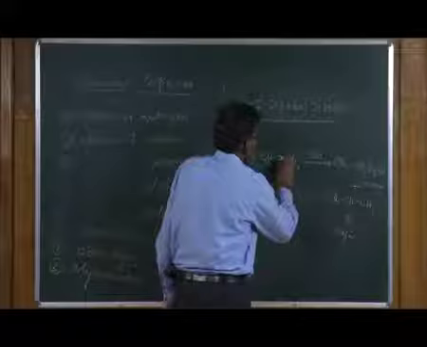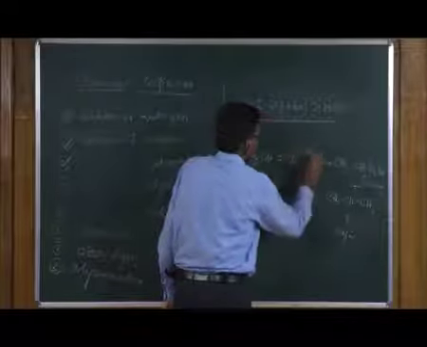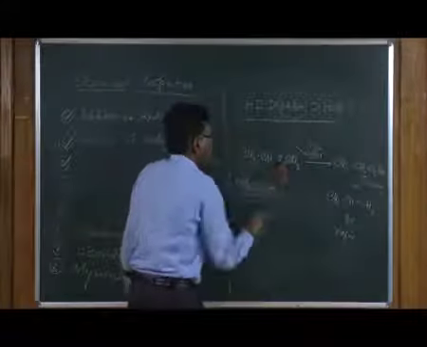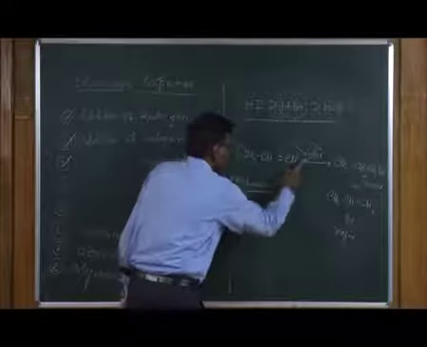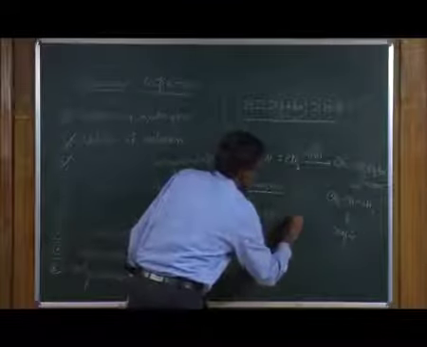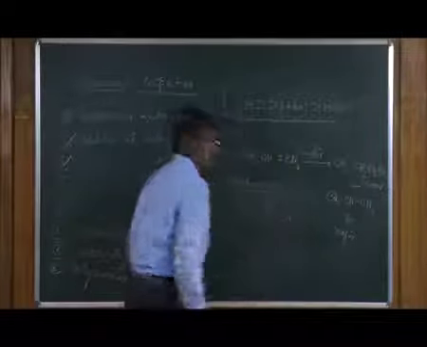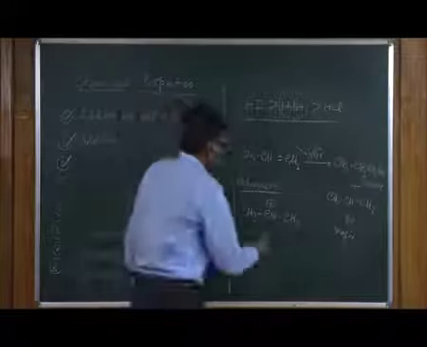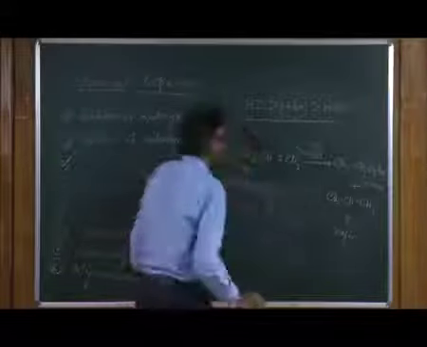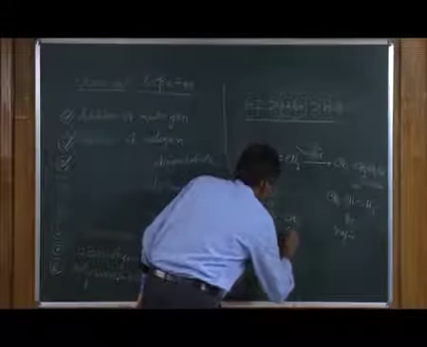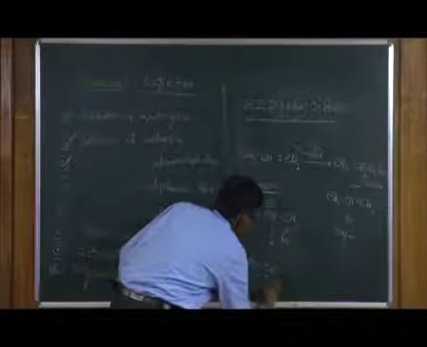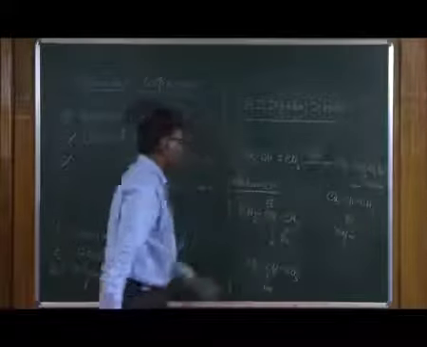So, I mentioned this is an example of an electrophilic addition reaction. The alkene reacts with HBr to generate the carbocation intermediate. This carbocation intermediate reacts with the bromide ion, Br minus, to give the addition product.